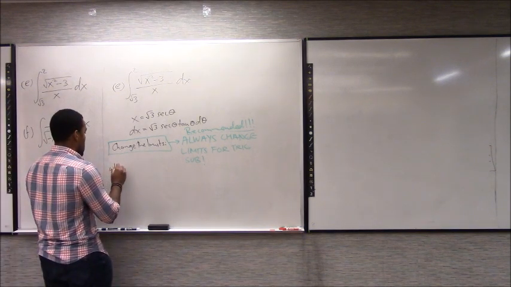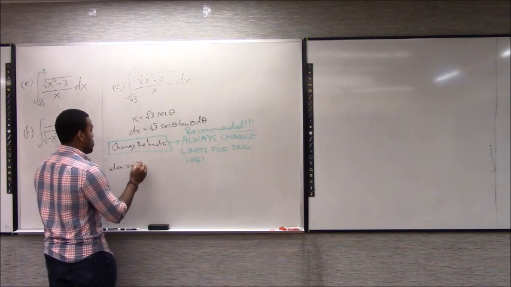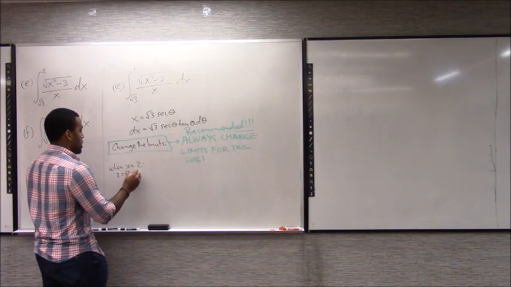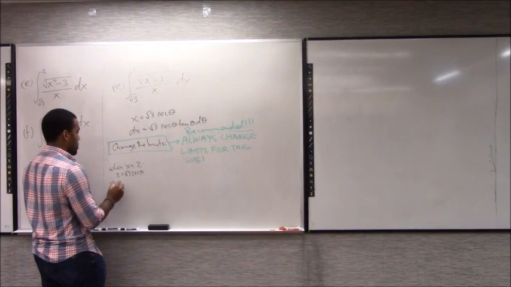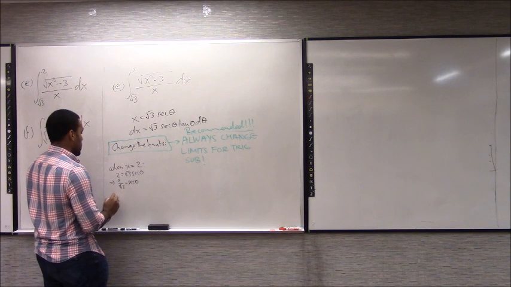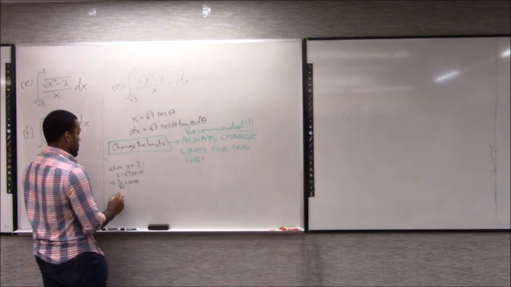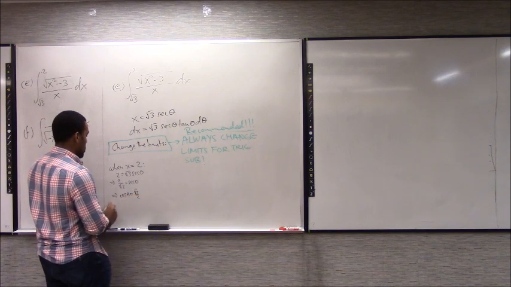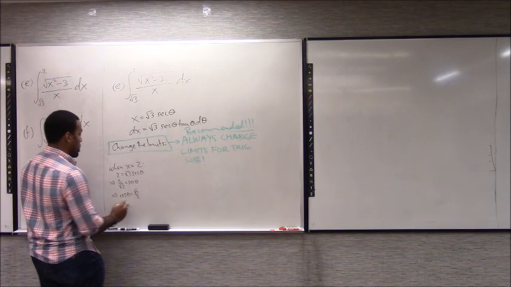So when x equals 2, you're going to have 2 equals radical 3 secant theta, and so 2 over radical 3 equals secant theta, and basically you can flip this: cosine theta equals radical 3 over 2. That means theta equals what?